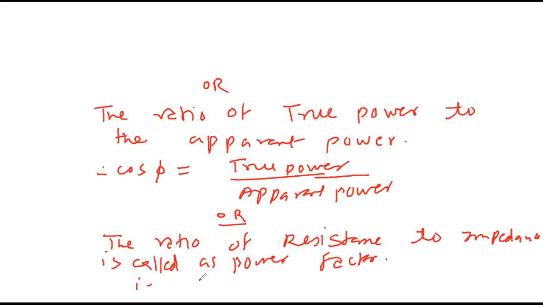That is cos phi equal to R upon Z. Right, two more definitions. Ratio of R by Z, or true power to apparent power, or cosine of phase angle is called as power factor.